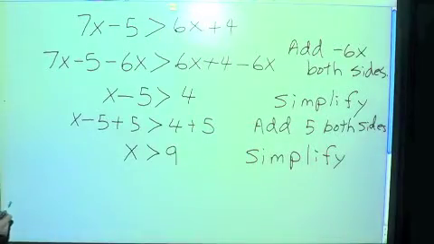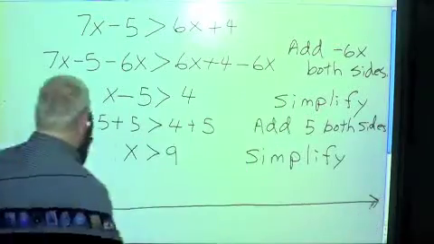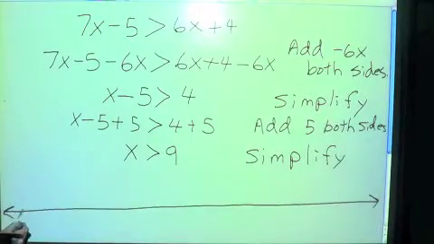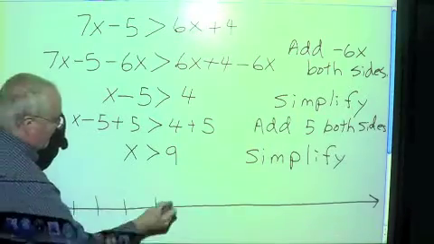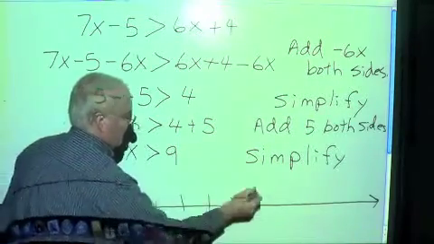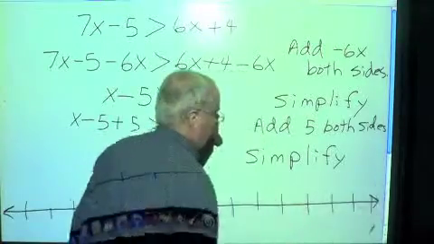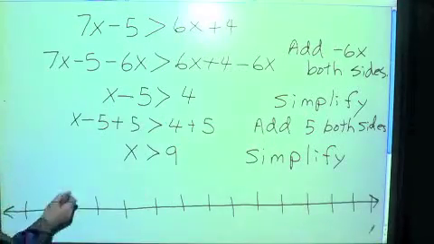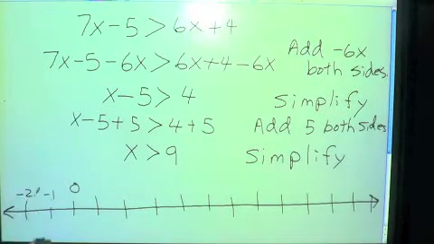Okay, let's draw that number line again. Let's put our 0 right here. That makes this a negative 1, negative 2.